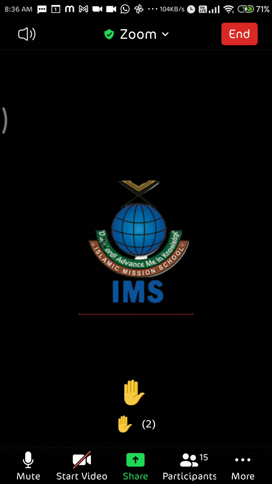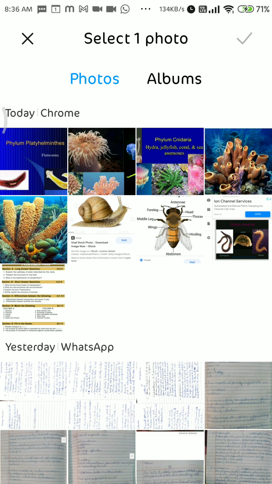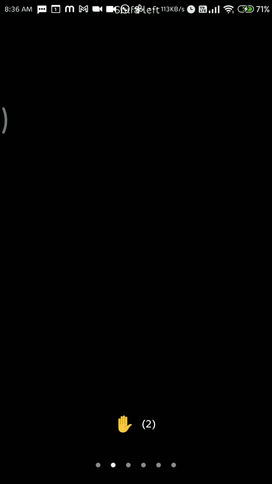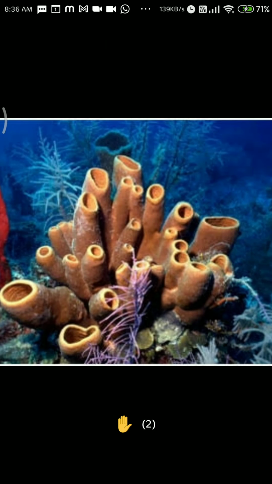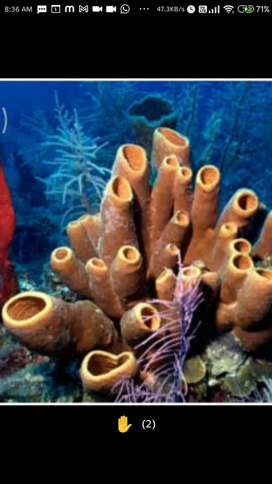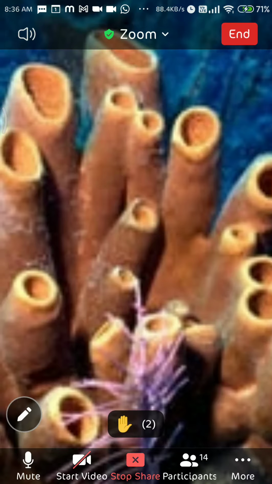Another picture of Porifera I will show you. Here it is very clear, as I told you, that at the top they have a large pore. Because of that, they look like a vase.